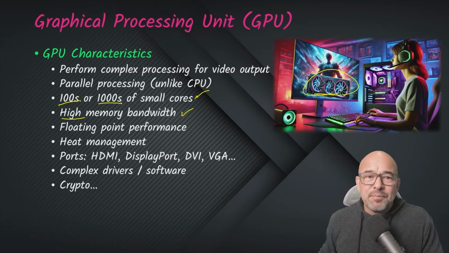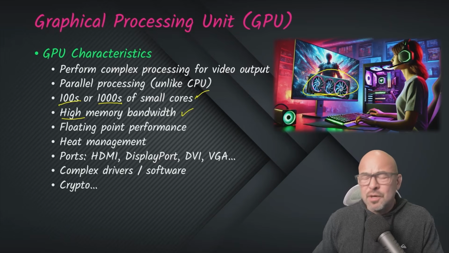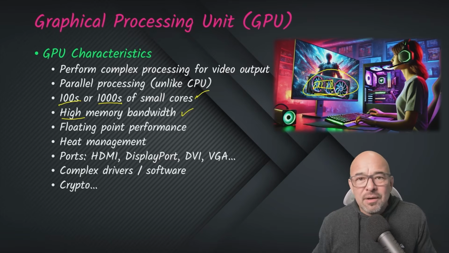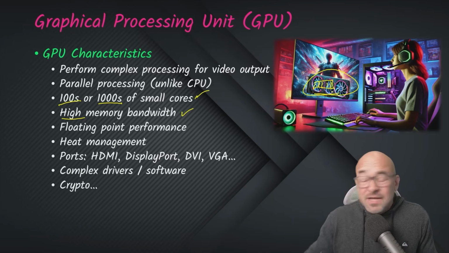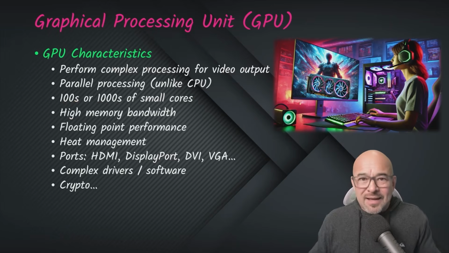That video card, I should say, really. The GPU is the brains of that video card. It has very high bandwidth to the actual memory that exists on that particular graphics card. It's not that it doesn't interact with the RAM on the motherboard as well. It's just that it also has its own dedicated RAM, usually on that card.